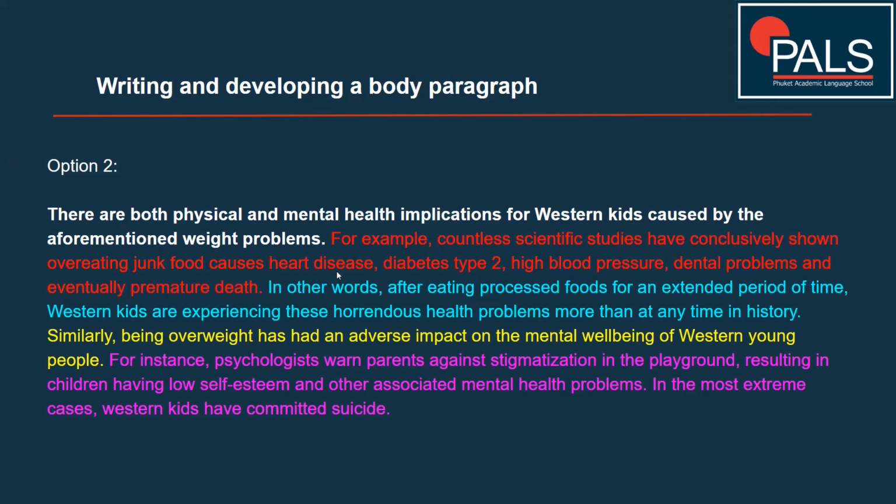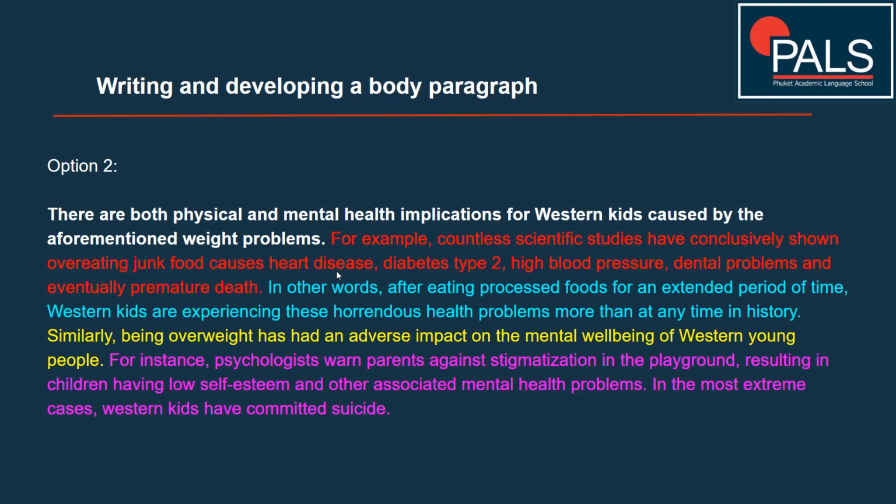In other words, after eating processed foods for an extended period of time, Western kids are experiencing these horrendous health problems more than at any time in history. Simply, being overweight has had an adverse impact on the mental well-being of Western young people. For instance, psychologists warn parents against stigmatization in the playground, resulting in children having low self-esteem and other associated mental health problems. In the most extreme cases, Western kids have committed suicide.